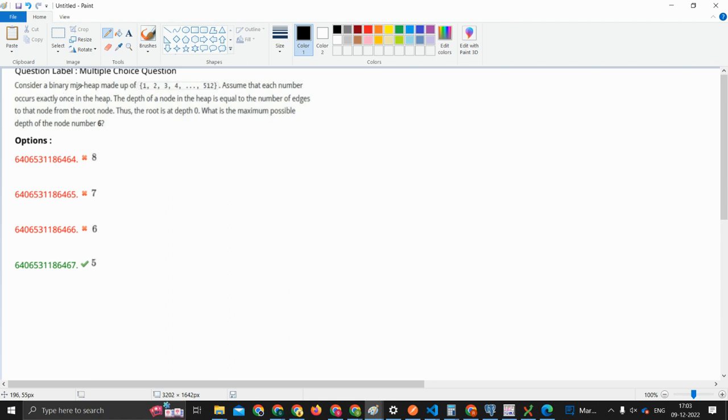They're saying that a binary min heap is made up of 1, 2, 3, 4, 5, 12. So the minimum value will be at the top. Similarly, if you have 2 here, then the minimum value will be at the top always. So the heap is going to build up.